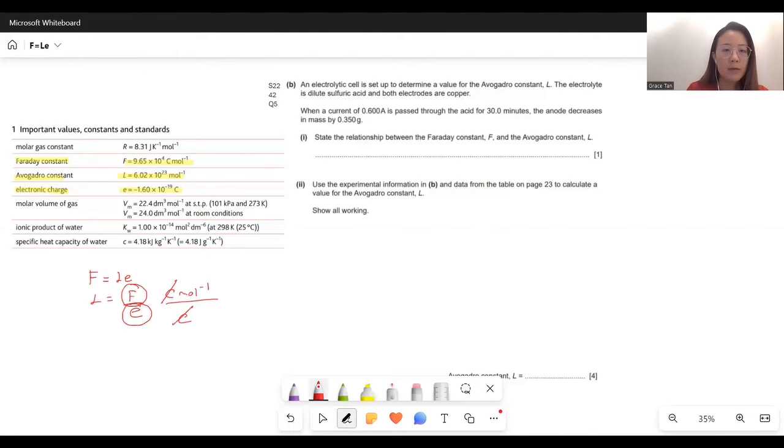I want to elaborate a little bit more on the Avogadro constant first. The Avogadro constant or Avogadro number, there are 2 ways to define it.